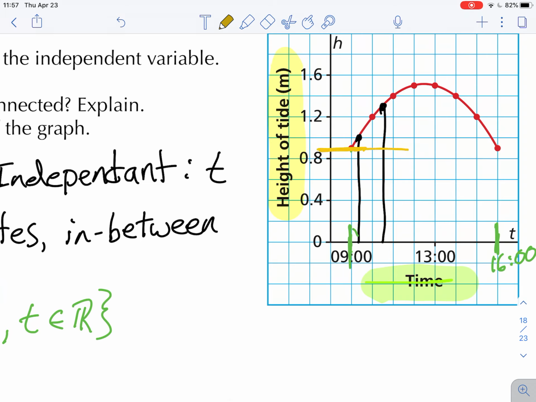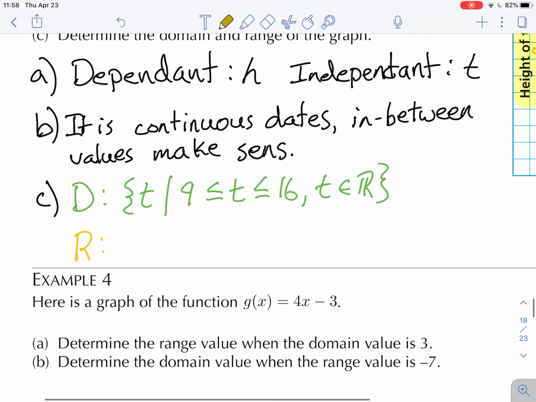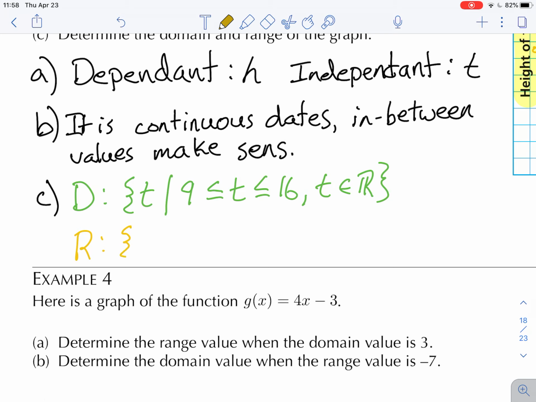Now let's look at the range, up and down. So we need to find our lowest value. Our lowest value is here. Now that looks to be about 0.9. Our highest value is here, 1.5. 1.2, this will be 1.4, 1.5, 0.9 to 1.5.